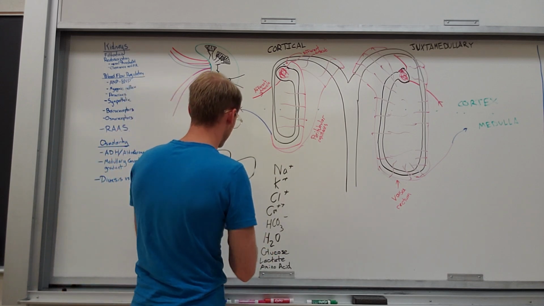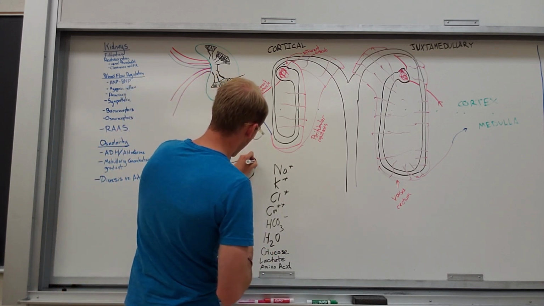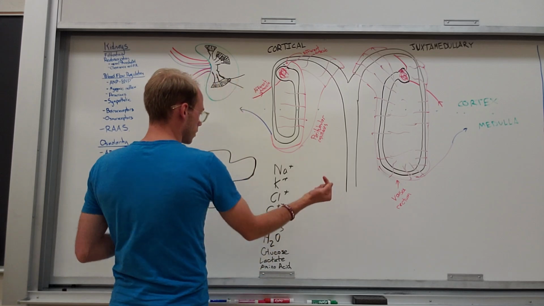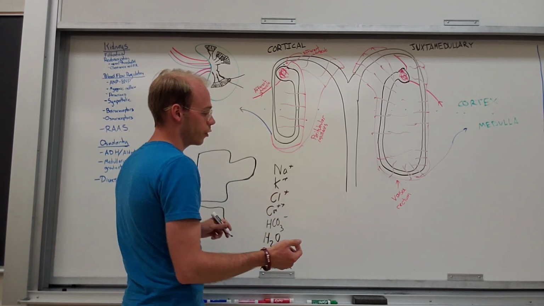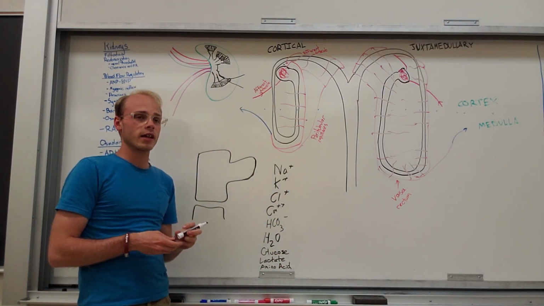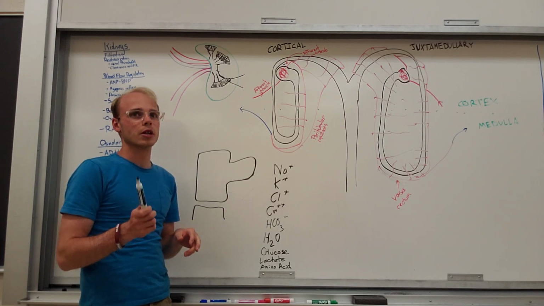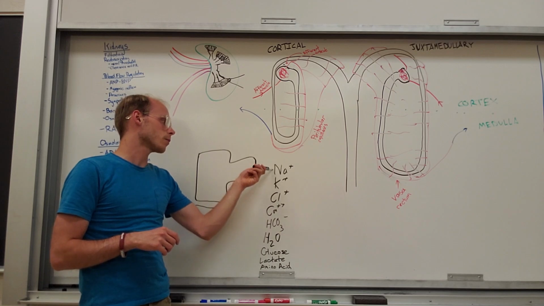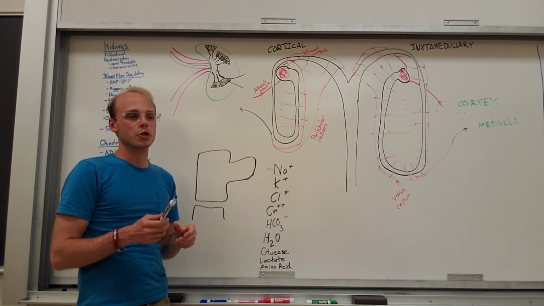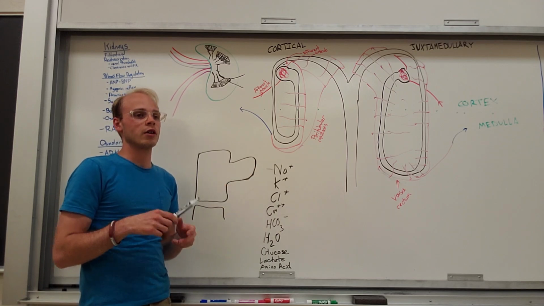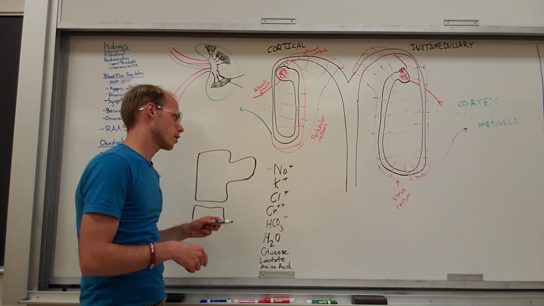So we're going to talk about reabsorption of a lot of these things. The biggest thing that gets reabsorbed, the most major component of the stuff that gets reabsorbed, is sodium. Sodium controls the reabsorption of a lot of the other things.